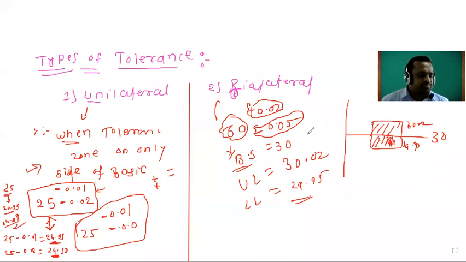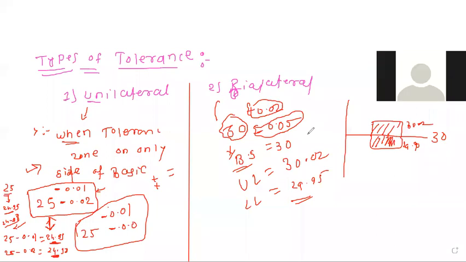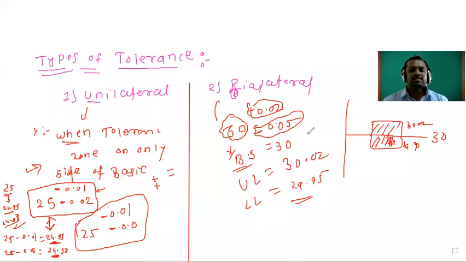So, understood? Yes, sir. This is the simple difference between unilateral tolerances and bilateral tolerances. You have to remember, in the unilateral we show the size of the part on only one side of the basic size, either on the positive side or on the negative side. But in bilateral tolerances we show the sizes of the dimension on both sides of the basic size.